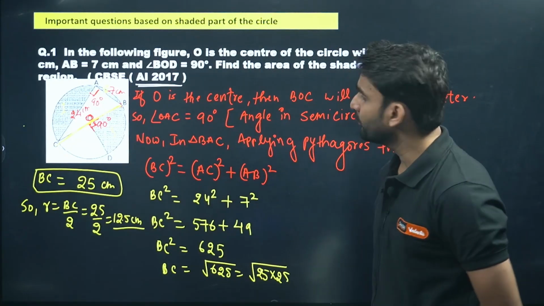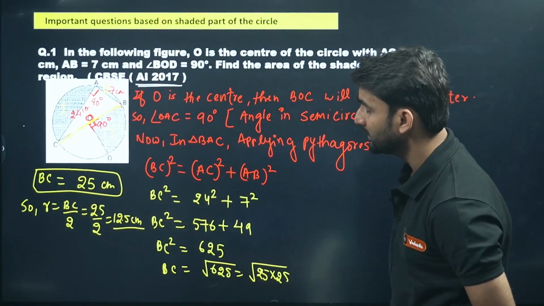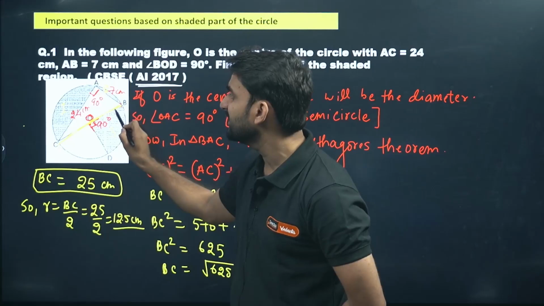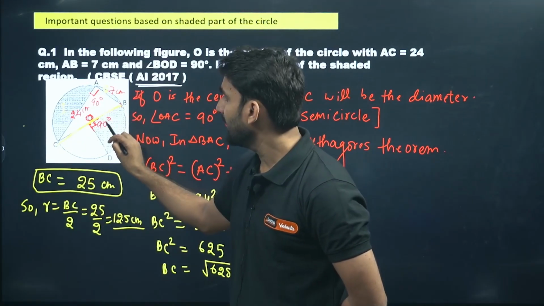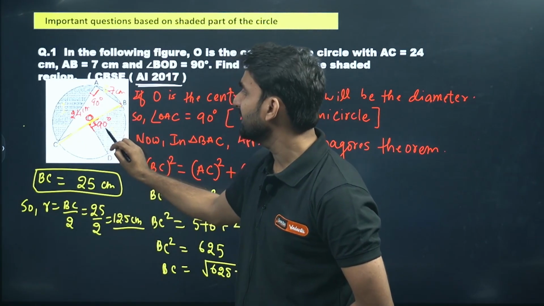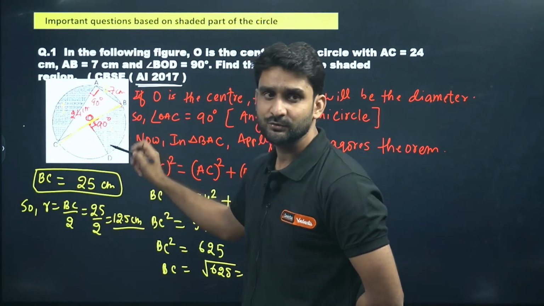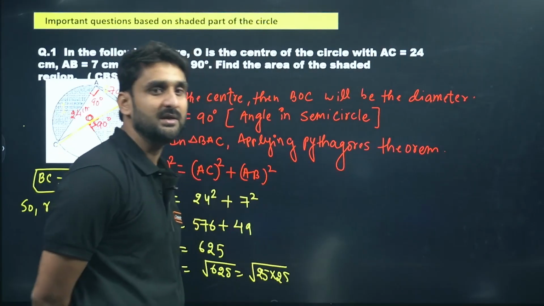So the area of shaded parts 1 and 2 can be calculated directly if we subtract the area of this triangle BAC from the area of the semicircle, right? And this is 90 degrees here, so this is a quadrant, so we can directly add this area, because a quadrant is one fourth of any circle.